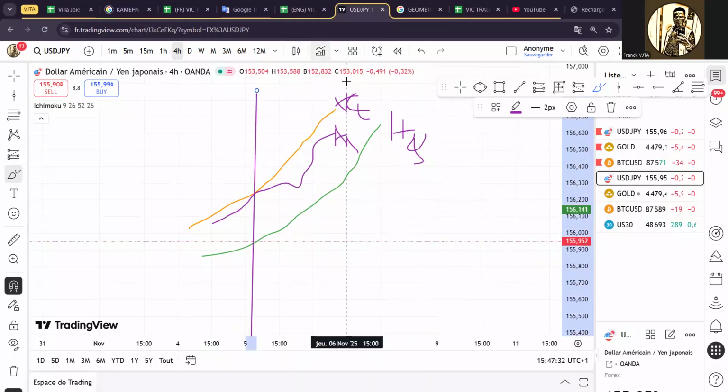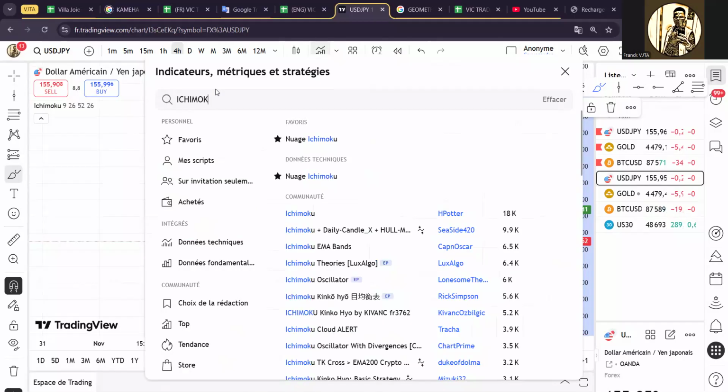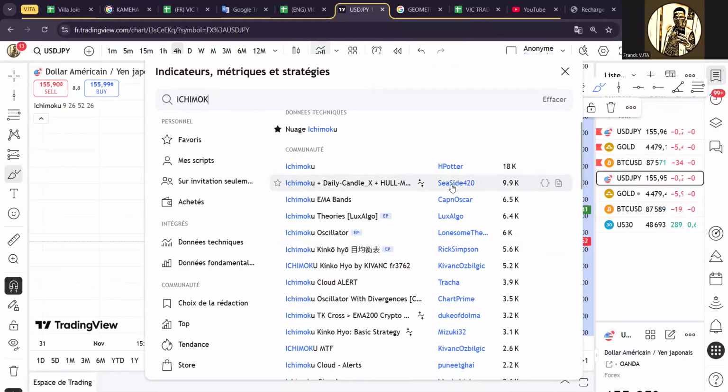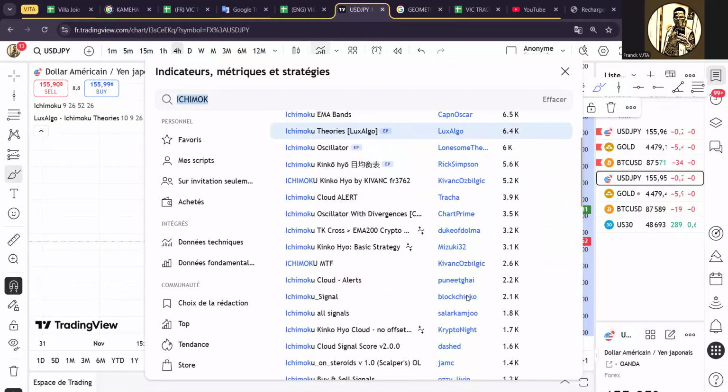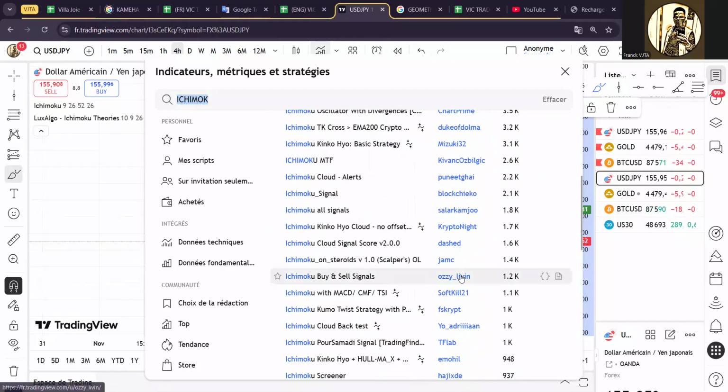If you go on indicator, you please order Ishimoku indicator. I did not make a research before doing the video. There is a guy here, I don't know if maybe it is this guy who drew that type of Ishimoku. I used it one time.